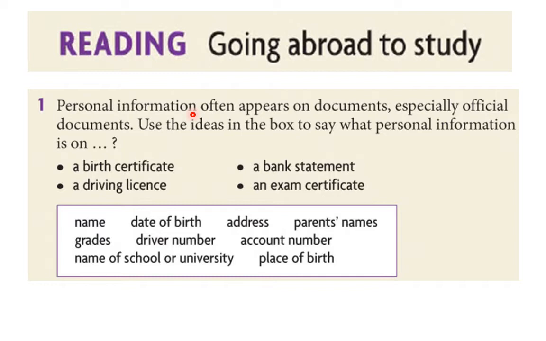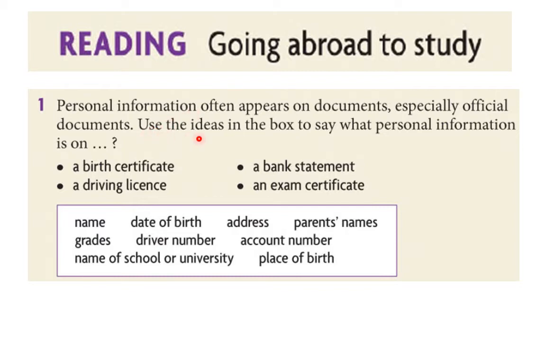On page 4, number 1: personal information often appears on documents, especially official documents. Official documents means documents that are used for official purposes, such as a birth certificate, bank statement, driving license, or exam certificate.